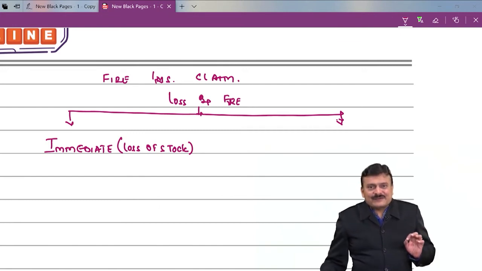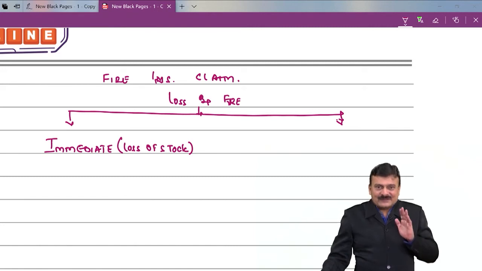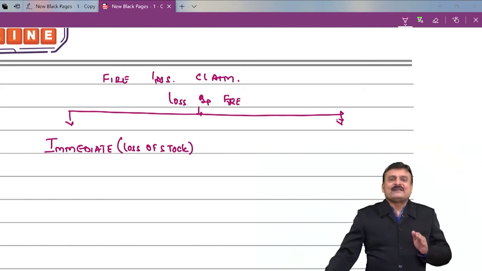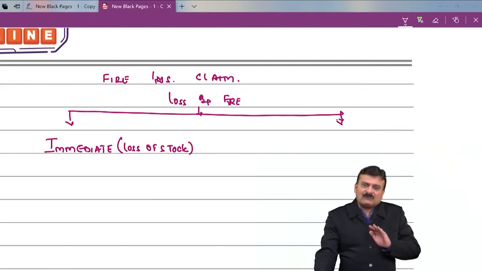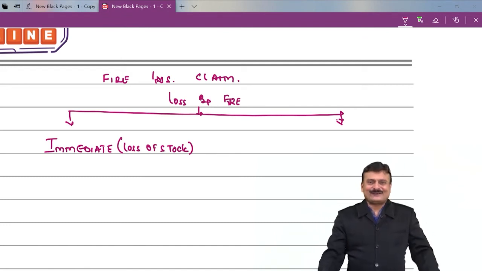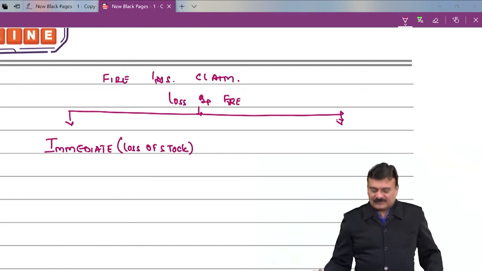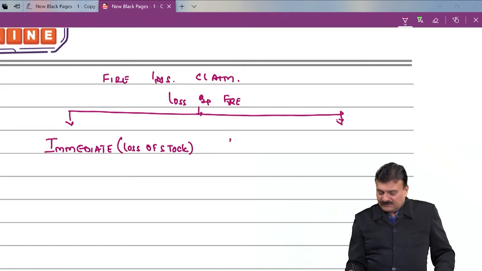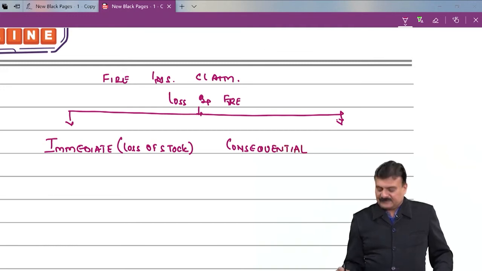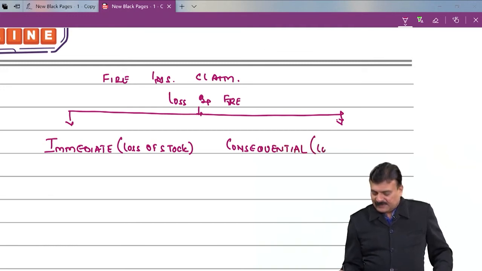And if sales is zero, he is losing sales and thereby he is losing the profit which he would have earned in that sales. So the second loss is a consequential loss. What do you mean by consequential loss? A resulting loss. And we call it loss of profit.